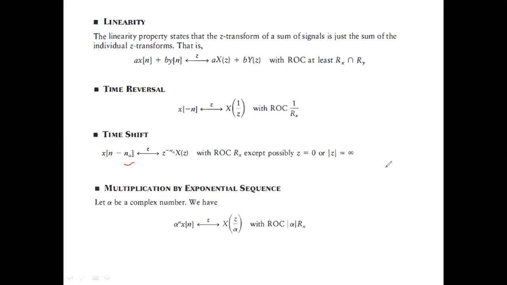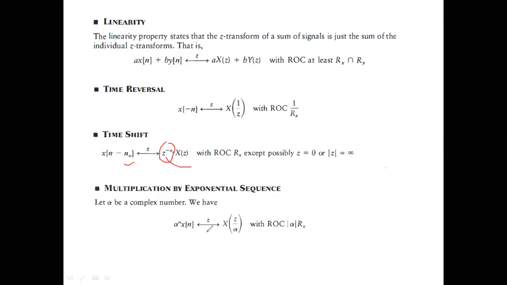Here also it is the same. So shift in the time domain results in multiplication by an exponential. Okay, your z is replaced by z by alpha itself.